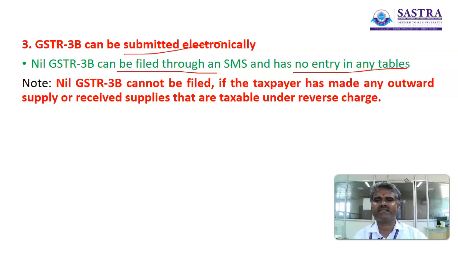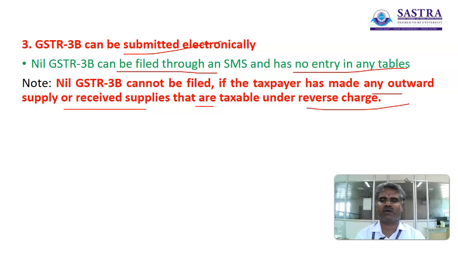But a nil GSTR 3B cannot be filed if the taxpayer has made any outward supply or revised supplies that are taxable under the reverse charge mechanism.